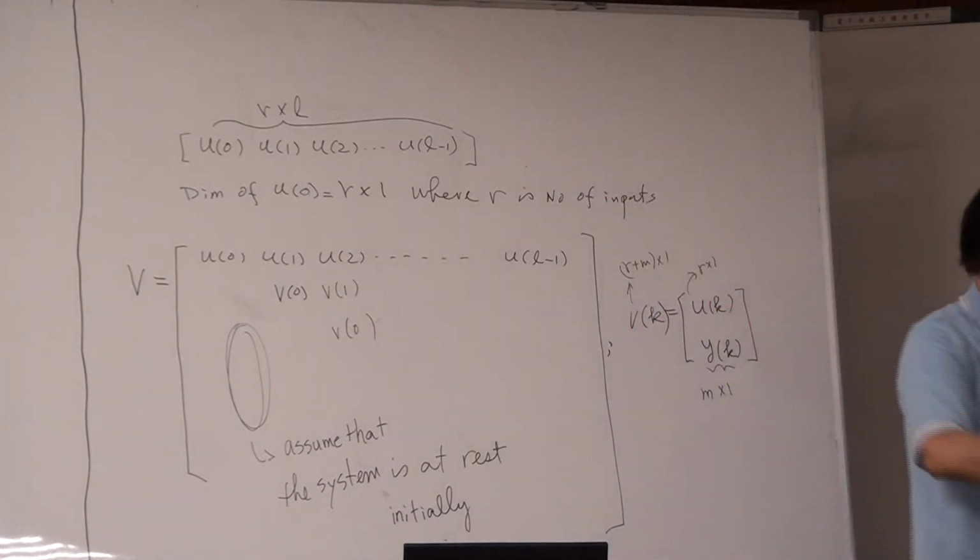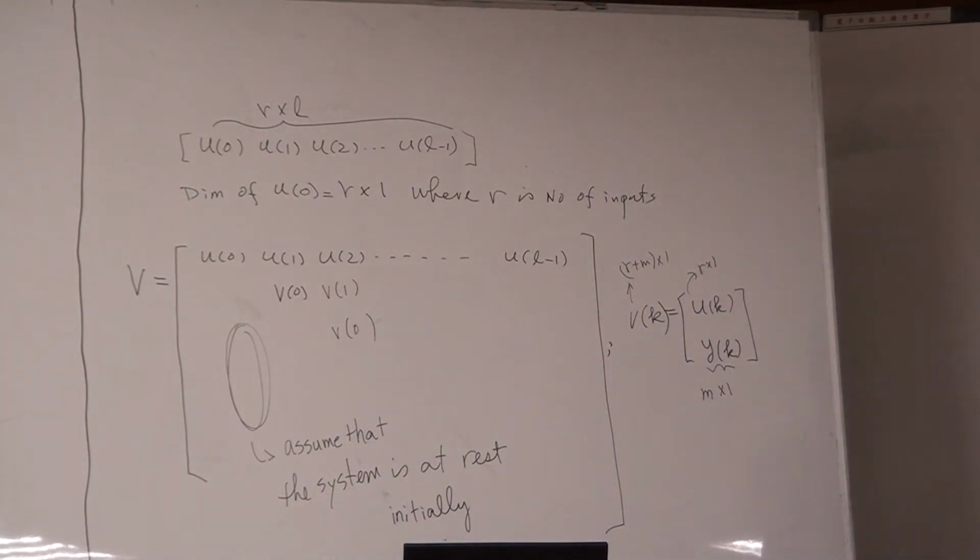Okay, now the trick of why I form it this way: if I form it this way, there's a formulation Y equals Y bar V. Then what is my Y bar? That's the trick.